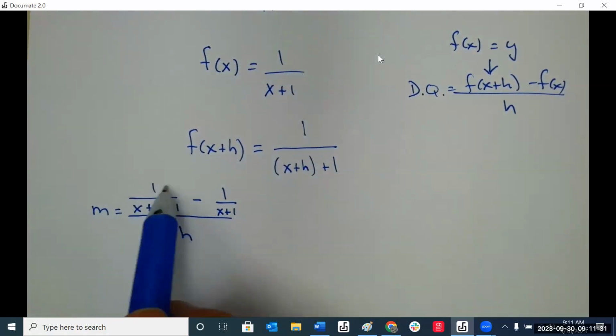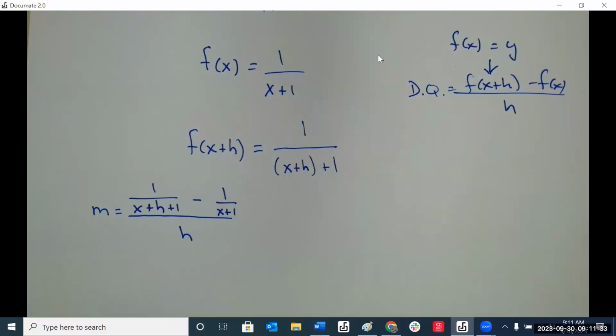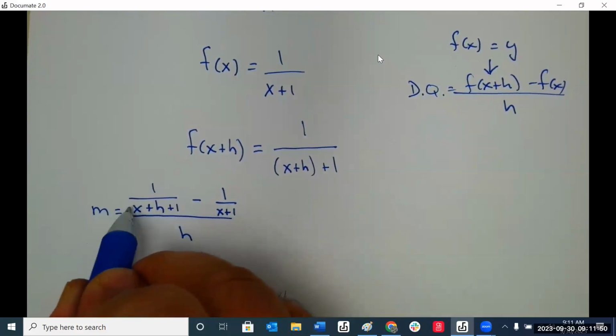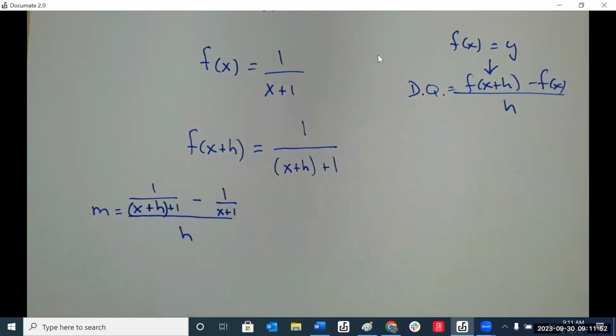Because this is f of x plus h minus f of x. So now what do we do? Well, since we have fractions up on top, we have to fix that first. We have to get a common denominator.